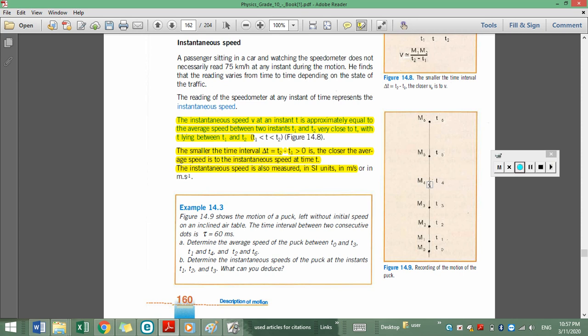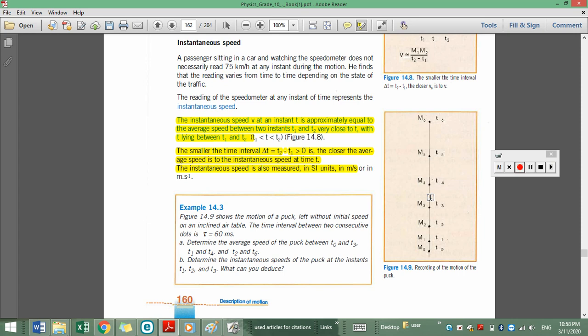And concerning the time interval, 60, 60, 60, so it is 180 milliseconds, and you divide the distance by the time. You convert from centimeter to meter by dividing by 100, and from millisecond to second by dividing by thousand, and you get the average speed between the given instants in meters per second.